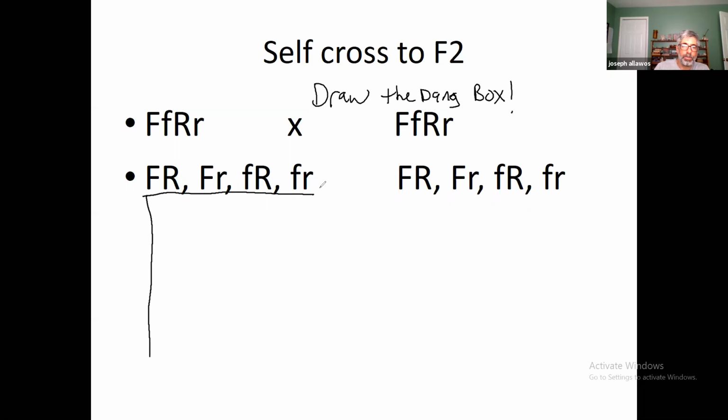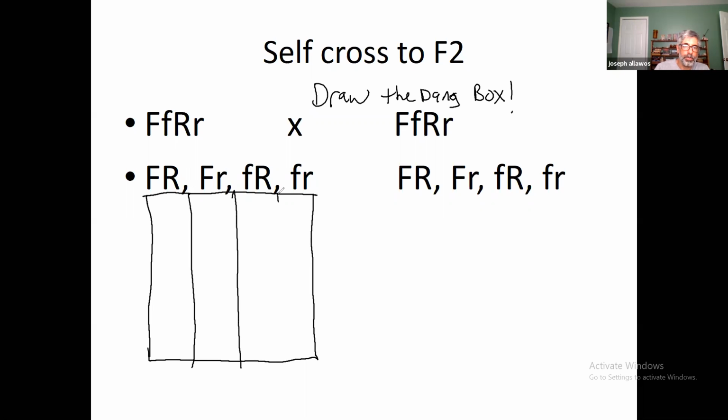So remember, the shape of the box is determined by the number of gametes that you have for each parent. Well, this parent has 4, so here's the 4 for this parent, and I'm just using those letters. And this one also has 4, so I put 4 across the top, 4 down the side.